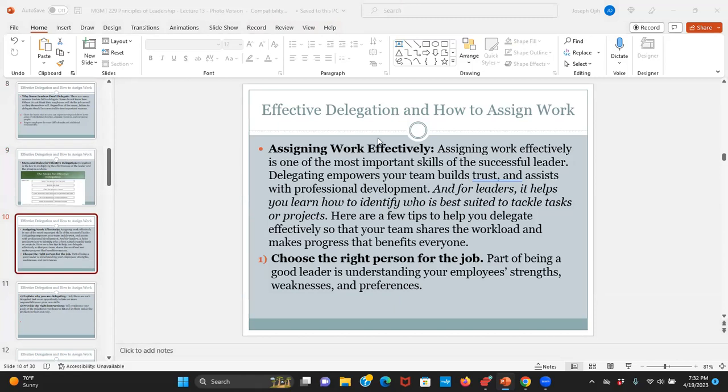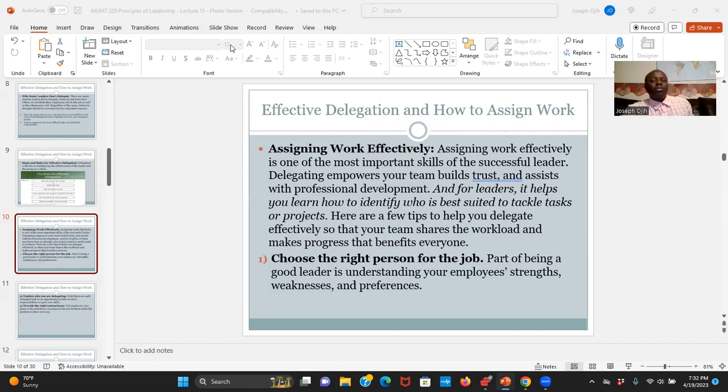Now, as you know, assigning work effectively is one of the most important skills that you have. Which means that as a leader, delegating is important, because you just can't and shouldn't do everything by yourself. It is just human nature.